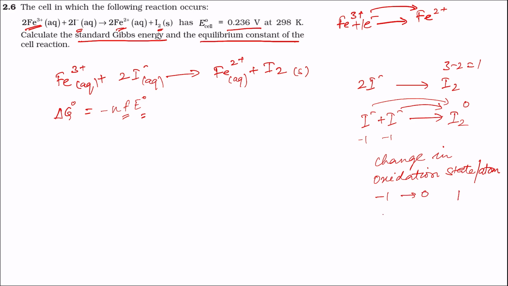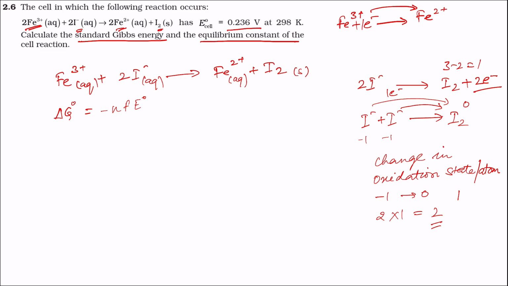Therefore, change in oxidation state for 2 atoms of iodine will be 2 into 1, that is 2. For 1 atom it is 1, for 2 atoms it will be 2. Now for change in oxidation state of each iodine atom from minus 1 to 0, the number of electrons lost is 1 electron. Now when 2 iodide ions change into iodine, the total number of electrons lost is 2 electrons.